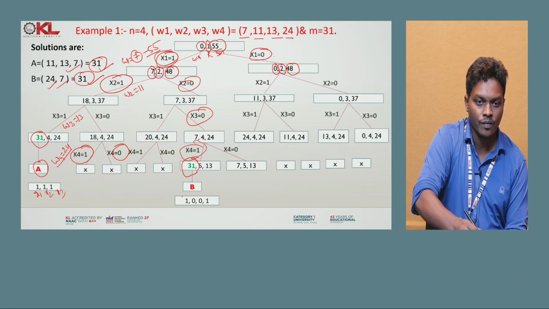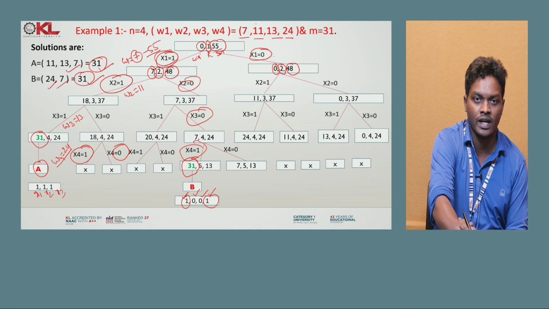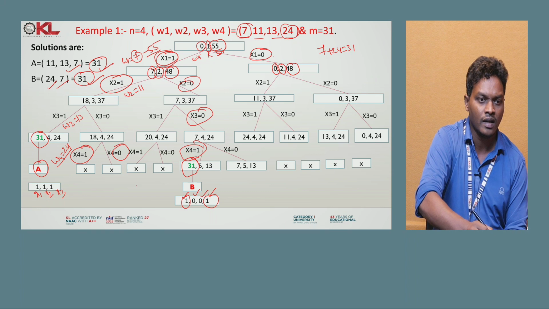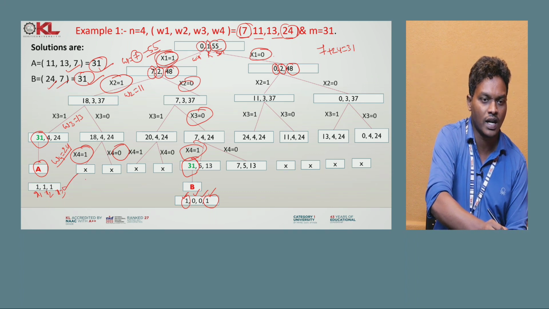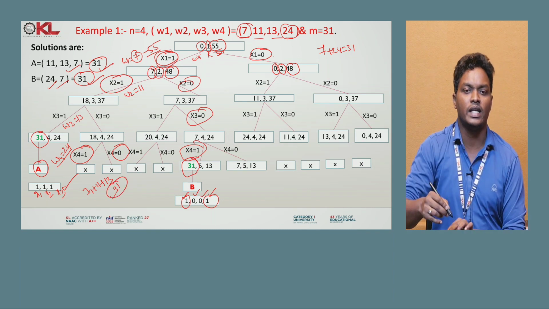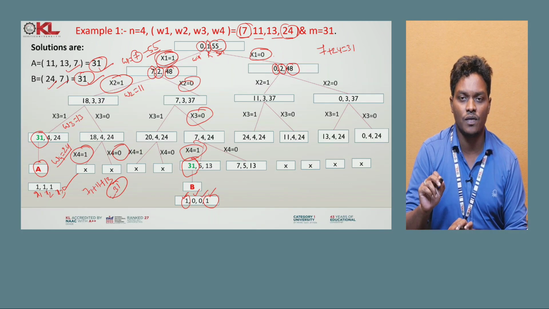So we are adding x1 and x4: 7 plus 24 is 31. Here, x1, x2, x3 equal to 1 means 7 plus 11 plus 13 is 31. In this way we need to apply the bounding function and solve the sum of subset problem.